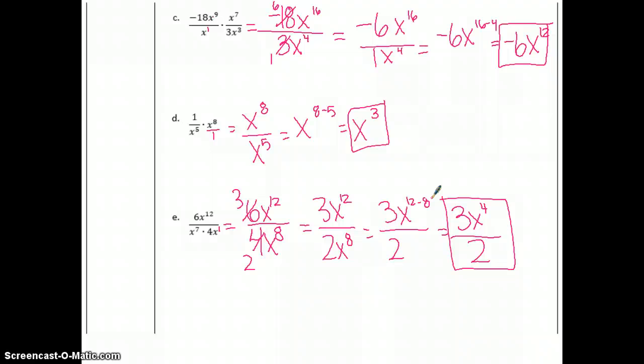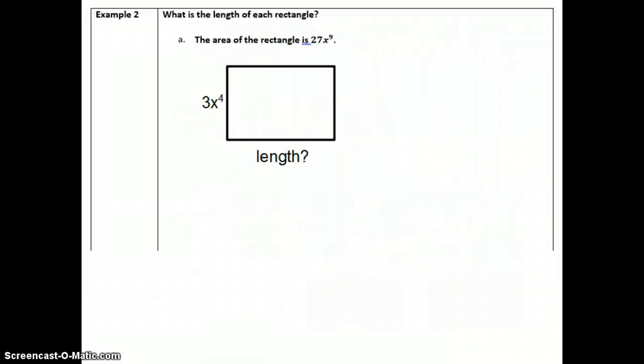The last page, on page 12. What is the length of each rectangle? So in this case, yesterday we talked about the area, and if this was 3x and this was x squared, we just multiply, and the area of this is 3x times x squared is 3x to the 3rd.